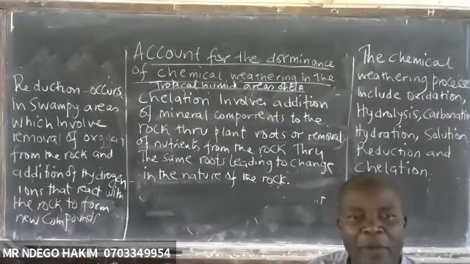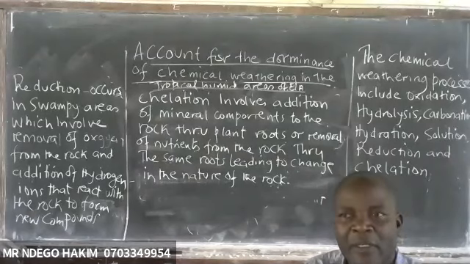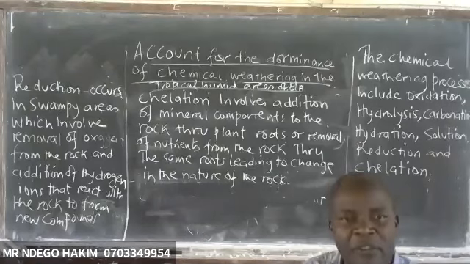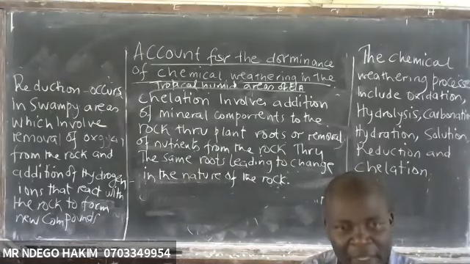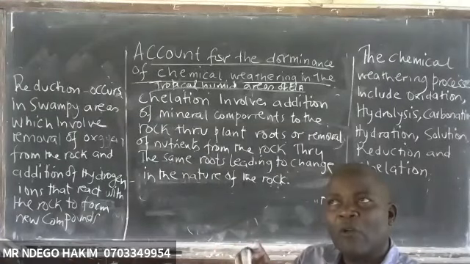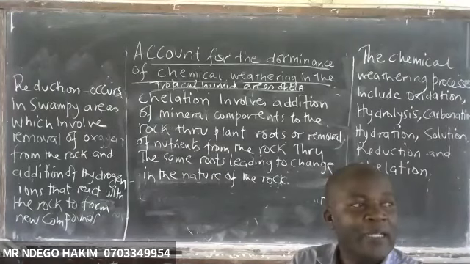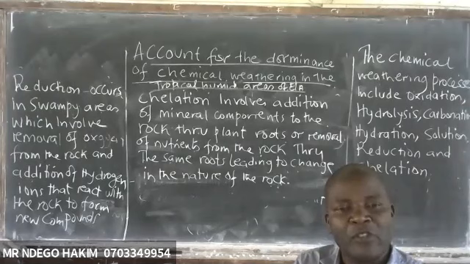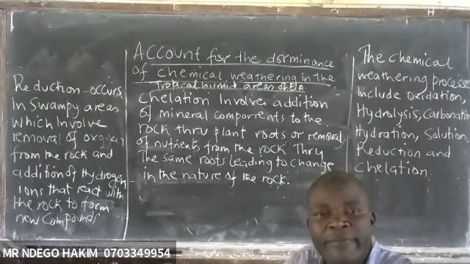When you come to the nature of parent rock, you say parent rocks that contain minerals like calcium carbonate are easily dissolved, resulting in chemical weathering processes like carbonation. When you are talking about rocks containing minerals like feldspar, they can easily be weathered through the process of hydrolysis.